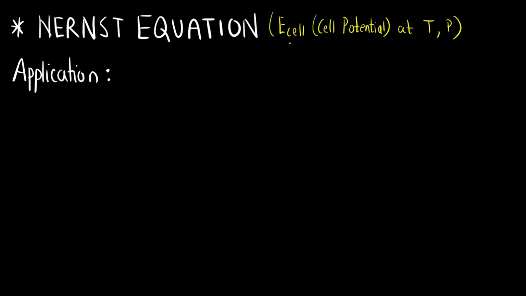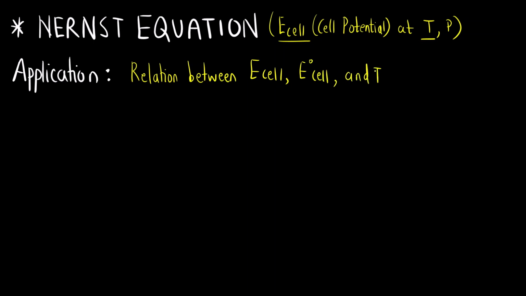Basically, the Nernst equation gives us the relation between E cell, E0 cell or standard cell potential, and temperature.